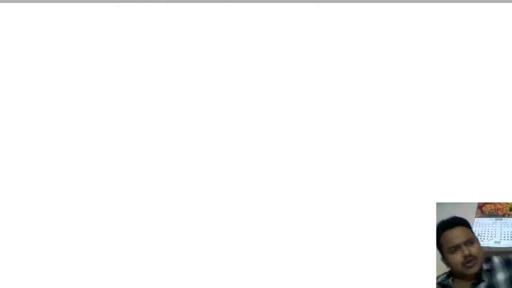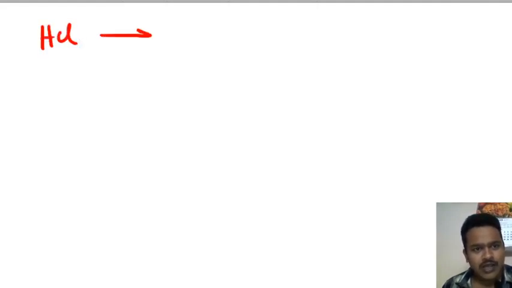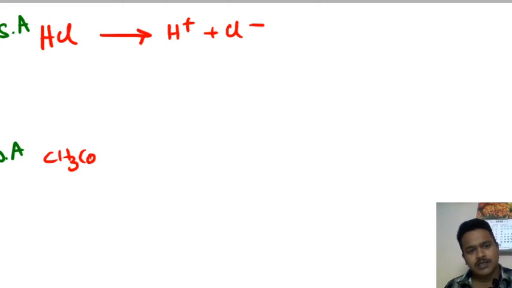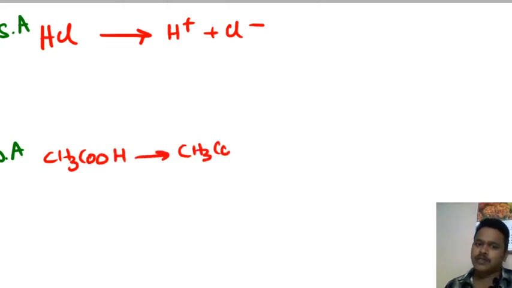I will take one strong acid, which is dissociated. HCl is a strong acid that dissociates into H plus and Cl minus. And the other one, a weak acid, I will take: CH3COOH gives CH3COO minus and H plus.